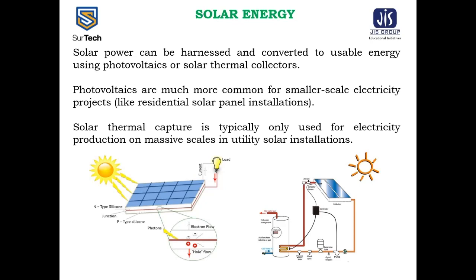The left side figure describes how the photovoltaic solar system works, and the right side picture gives an overview of the solar thermal collector system, which I will discuss in the next lecture.